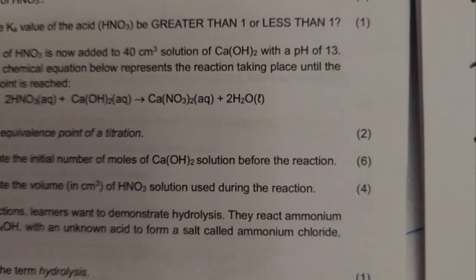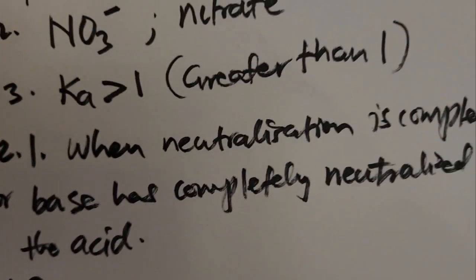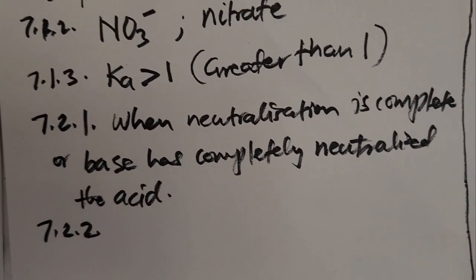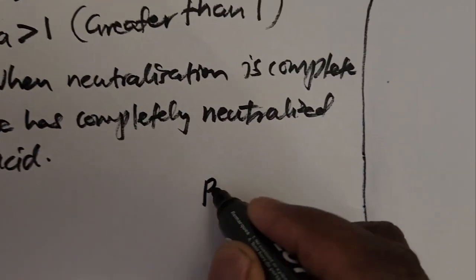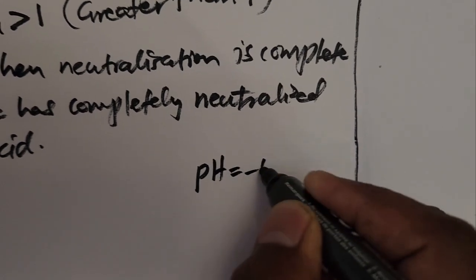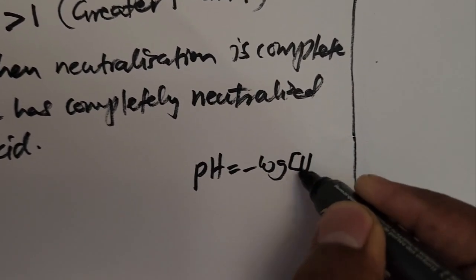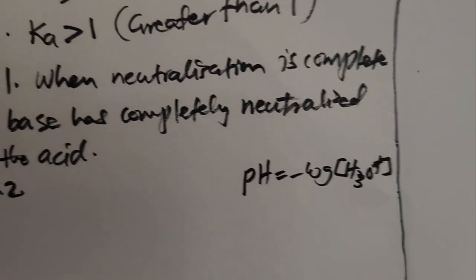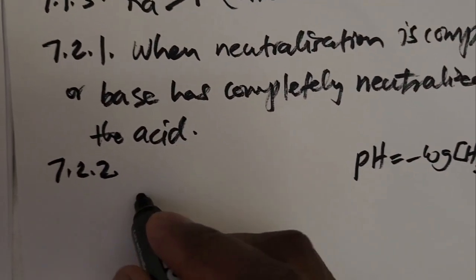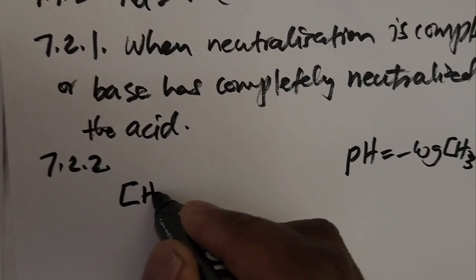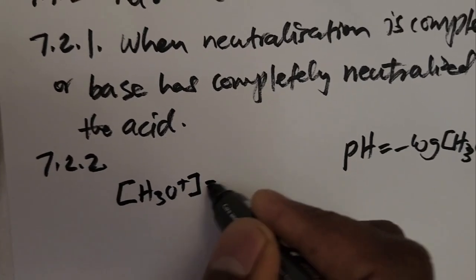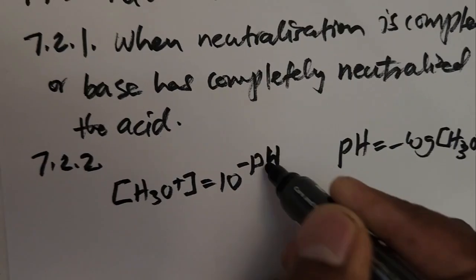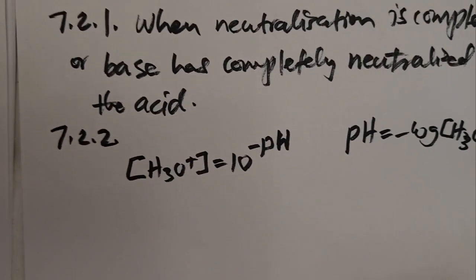When we are calculating the pH, we use the formula pH equals minus log of the concentration of hydronium ions. But when we are given the pH, we use the formula: hydronium ion concentration equals 10 to the exponent minus pH. Please master this one. It will make life easier for you.